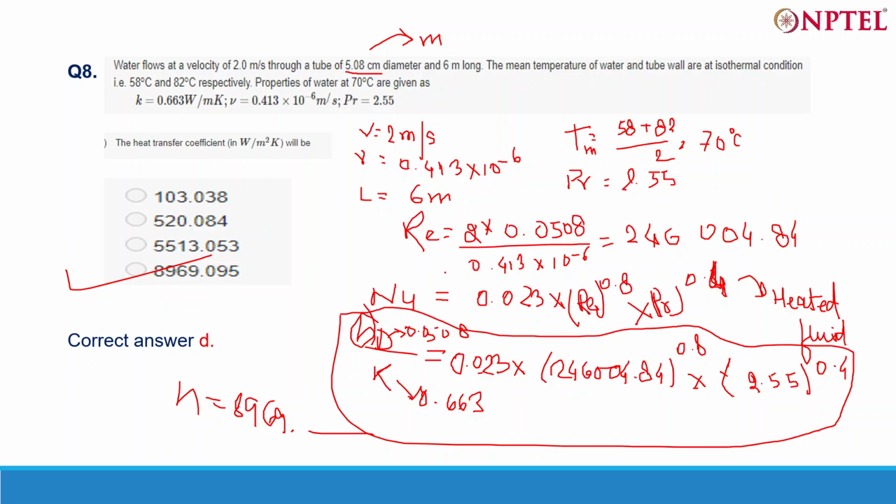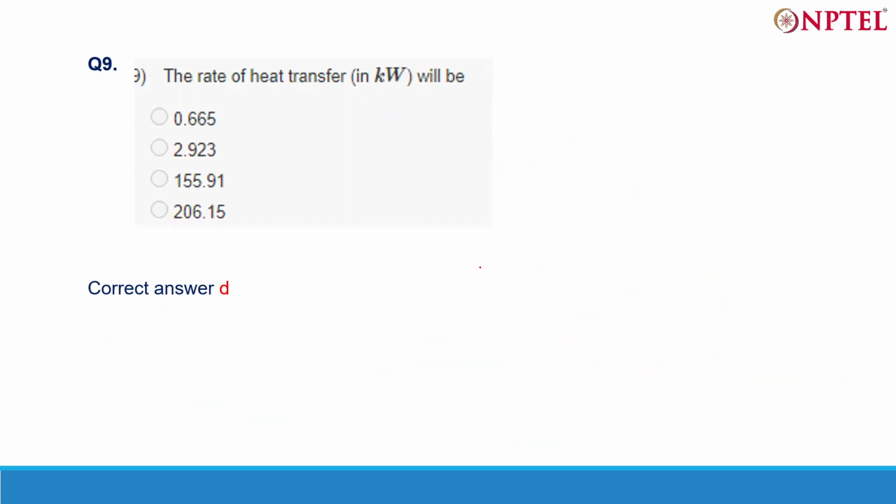Okay, so I think most of you have got this question. So moving to the next question, the rate of heat transfer will be. When you have got this h value, the rate of heat transfer will be Q equal to h into A into del T. Now what is A?